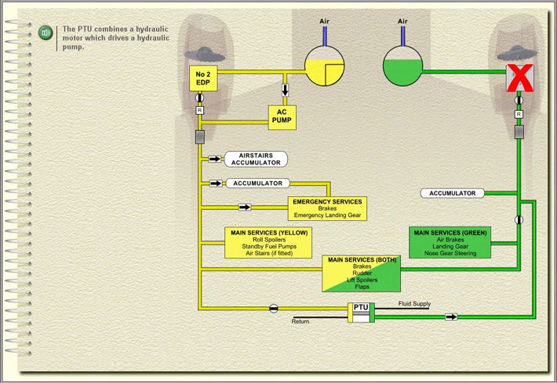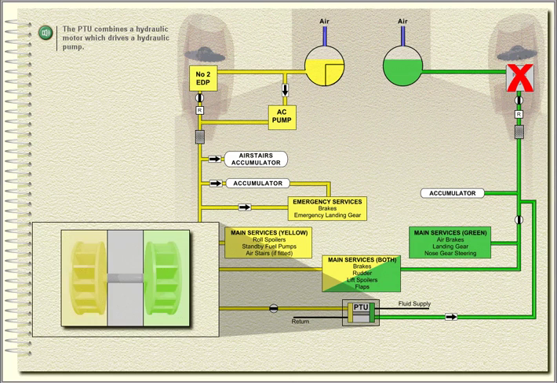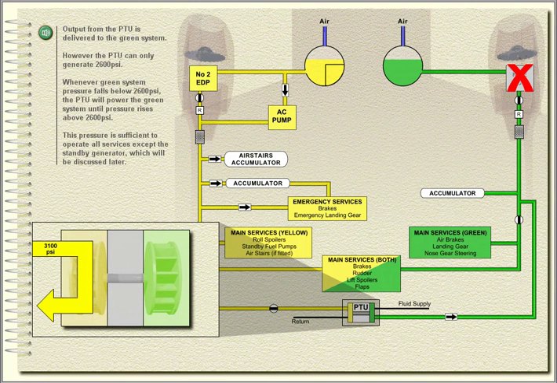The PTU combines a hydraulic motor which drives a hydraulic pump. The motor is powered by the yellow hydraulic system at 3,100 psi. Output from the PTU is delivered to the green system. However, the PTU can only generate 2,600 psi.